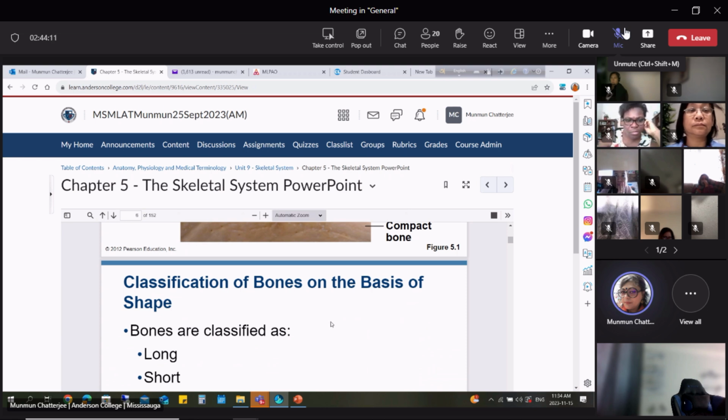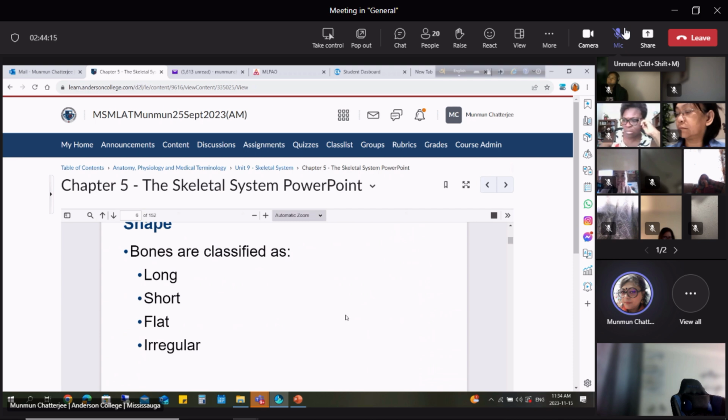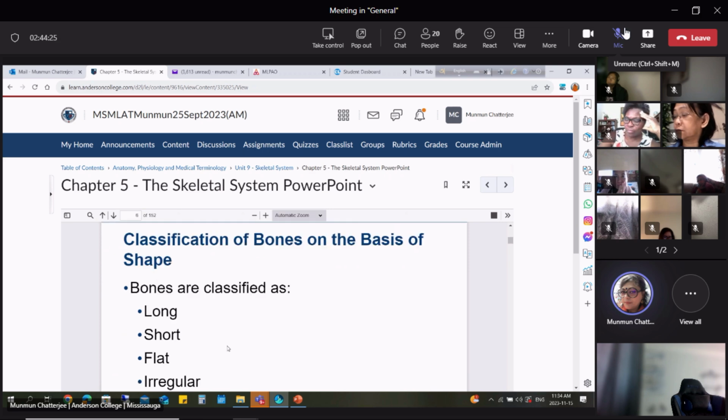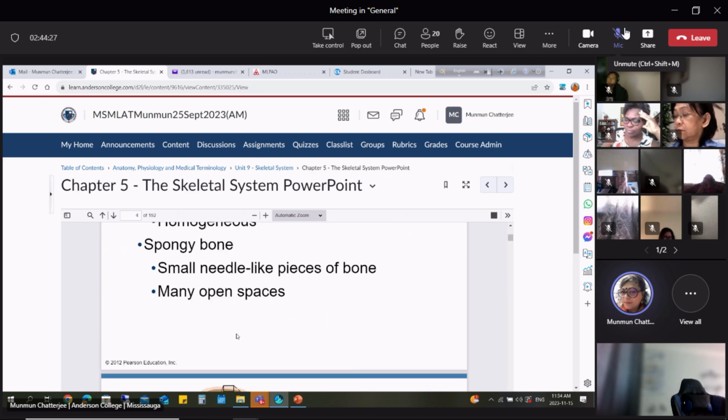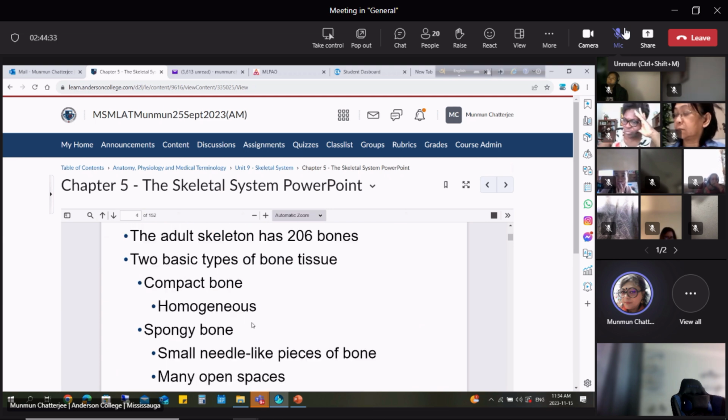So now we know the types of bone tissue. As per shape, this is the classification of the bones. How many types of bone tissue do we have? Compact and spongy.